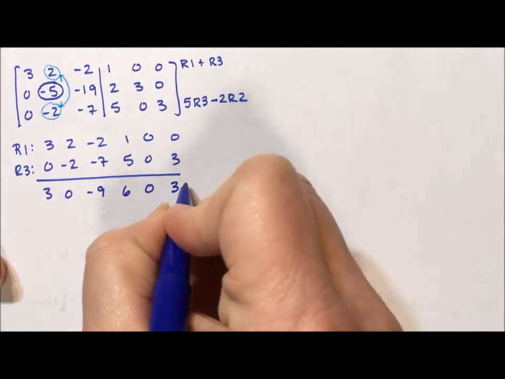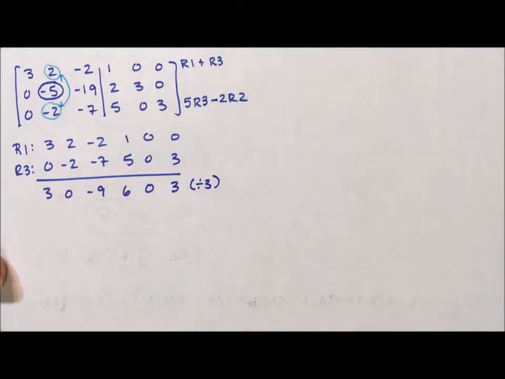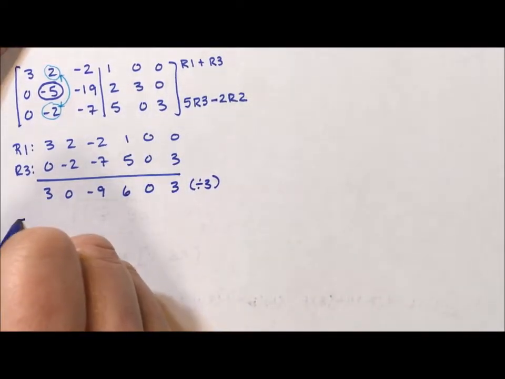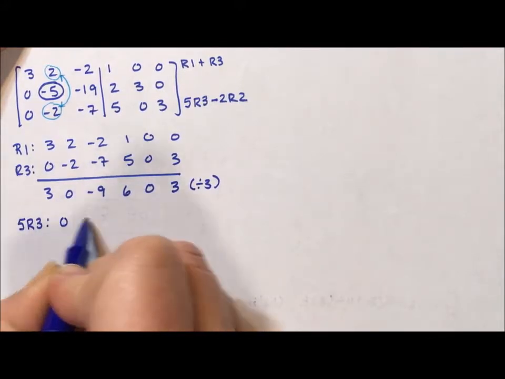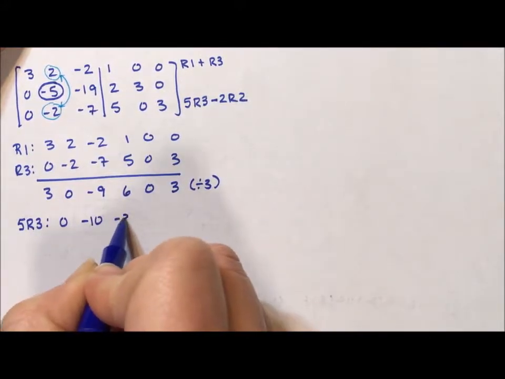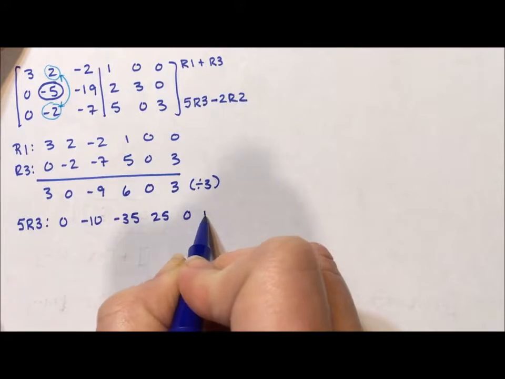And I am going to divide this through by 3 when I go to write it back into the next matrix. I'm going to now do 5 times row 3, which is 0, -10, -35, 25, 0, 15.